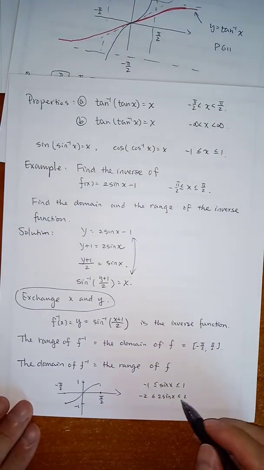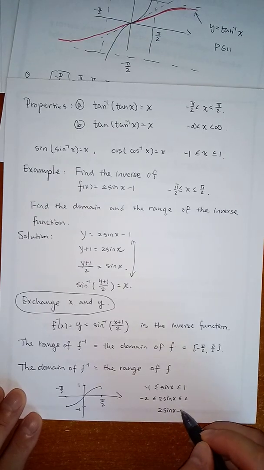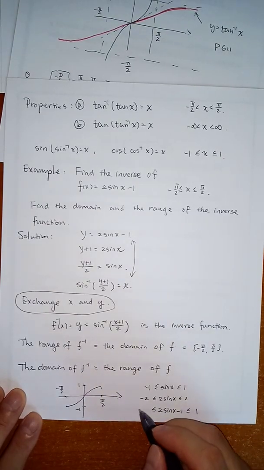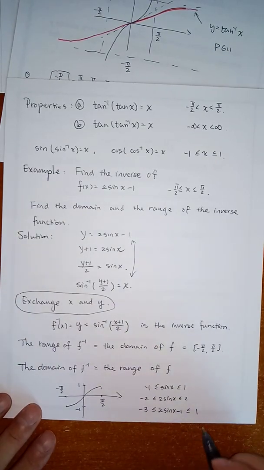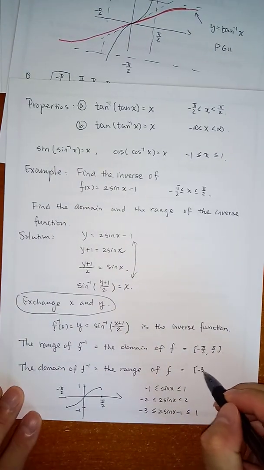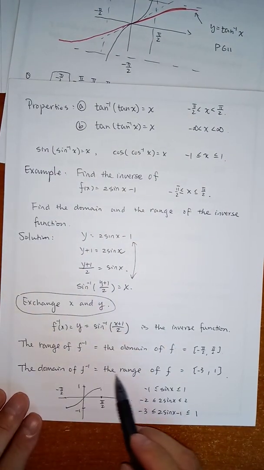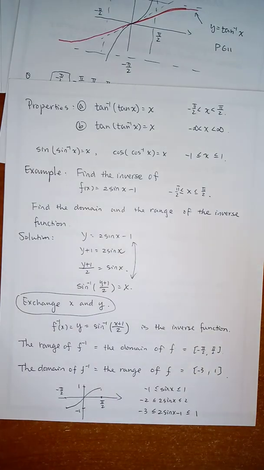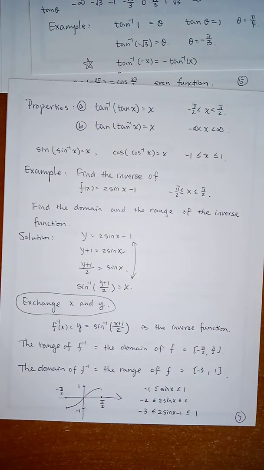And minus 1, 2 sine x minus 1. You subtract 1 from all three parts. You get negative 3 and 1. So the domain of F inverse is equal to the range of F, which is the closed interval negative 3 to 1. Okay, so that's a way to find the domain and the range.